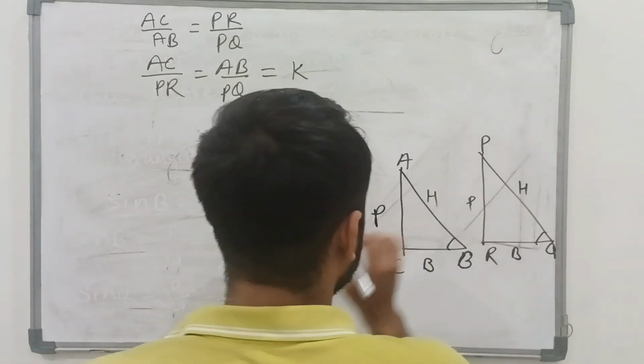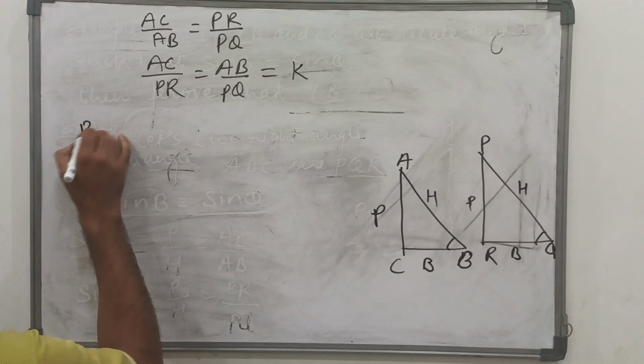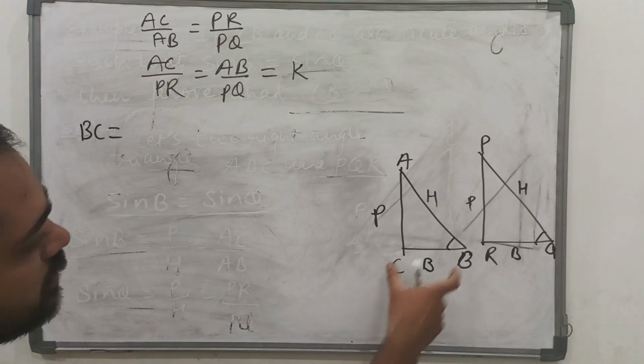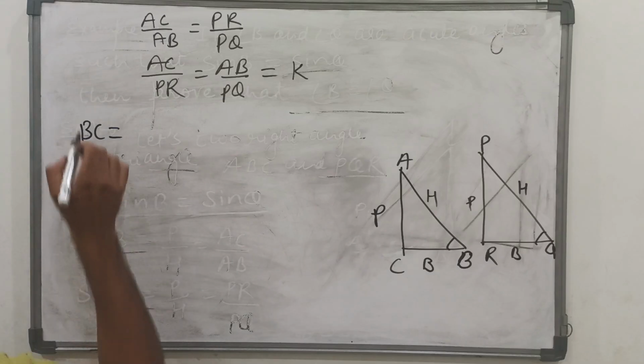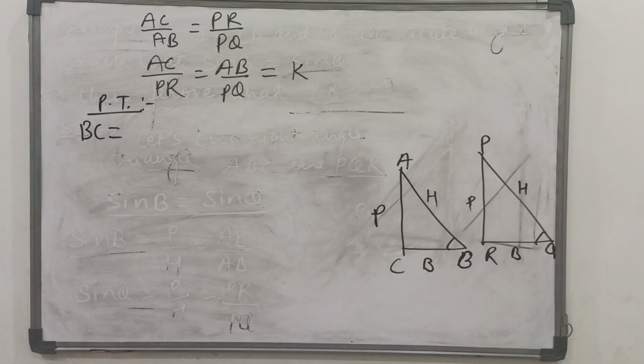Okay. Next step. What is the next step? Now BC is equal to what? Now I am going to take the Pythagoras theorem. PT means Pythagoras theorem. So what is the Pythagoras theorem?